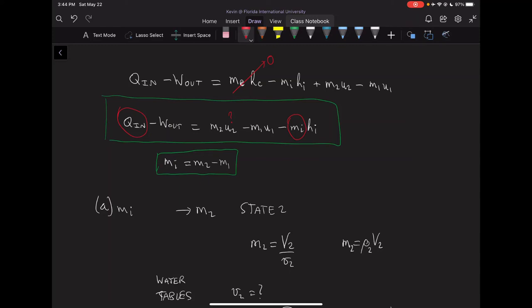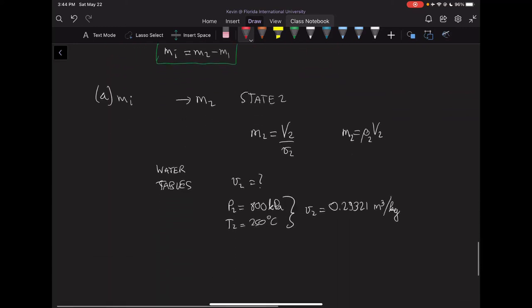And since you're already at state 2, you might as well write U2 at that point as well, since you're already at your tables. So to sort of shortcut our system to find Q in part B, we're actually going to write down U2 as well. And U2 going to our tables is equal to 2,715.9 kilojoules per kilogram. Okay, so it's a little bit of a shortcut.